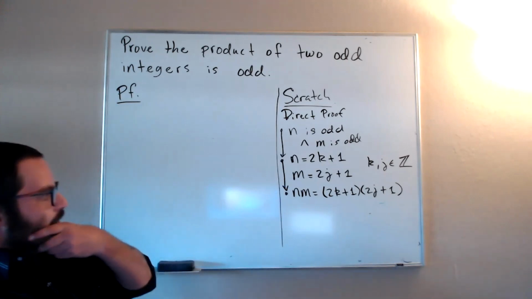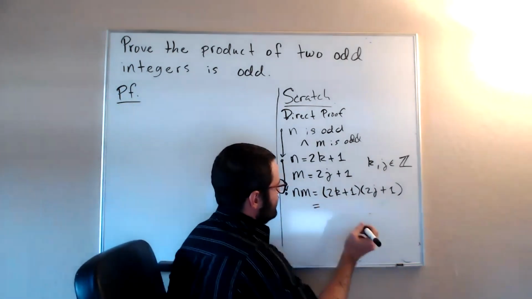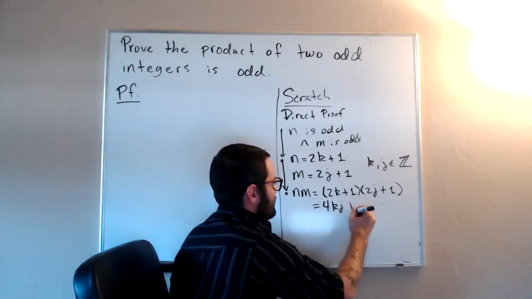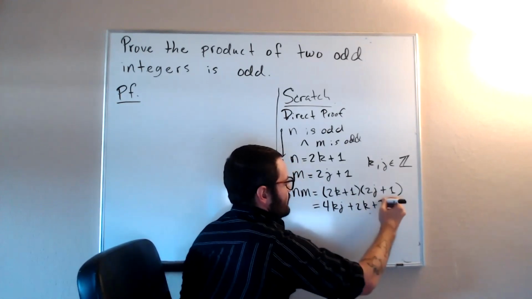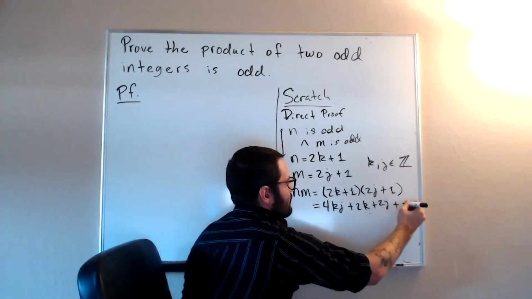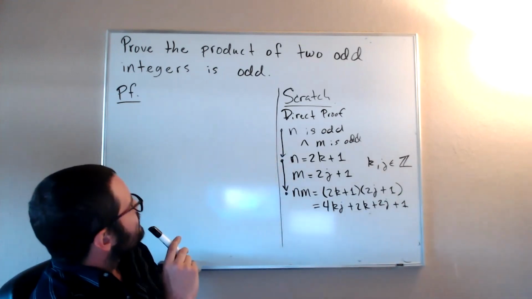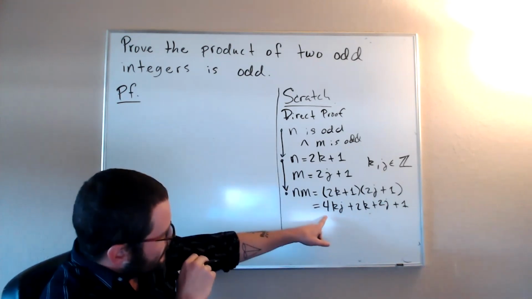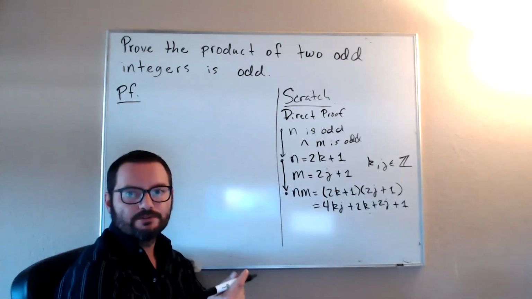Okay. So then we have a little bit of algebra to do. This will become 4kj plus 2k plus 2j plus 1. Okay. Now we need to make this look like an odd integer. So I see that the first three terms here have a factor of 2, which I'm going to factor out.